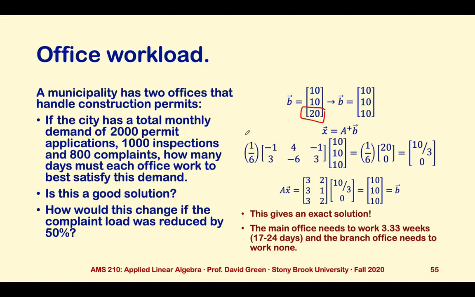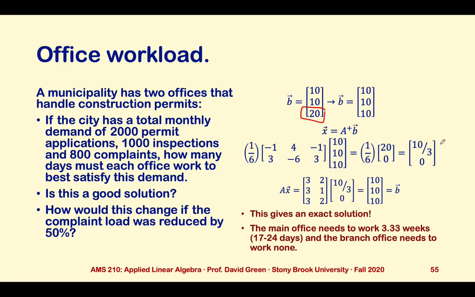right-hand side back in with the same pseudo-inverse and we get negative 10 plus 40 minus 10 is 20. 30 minus 60 plus 30 is 0. Multiply by the 1/6 gives us 10/3 and 0.